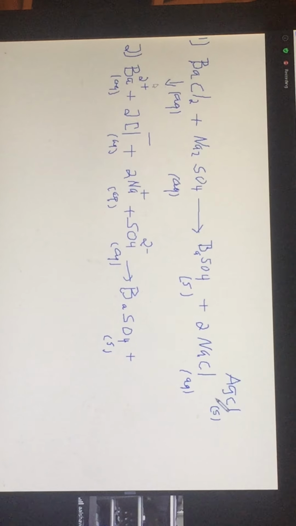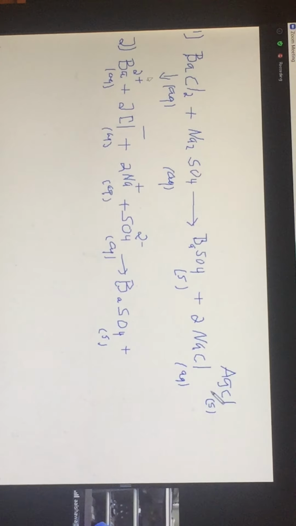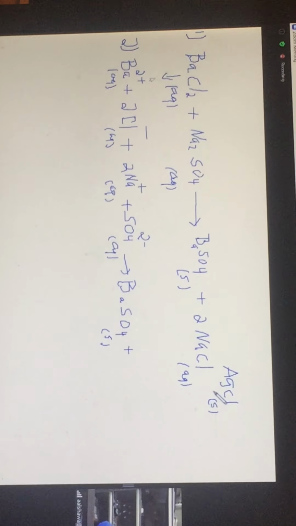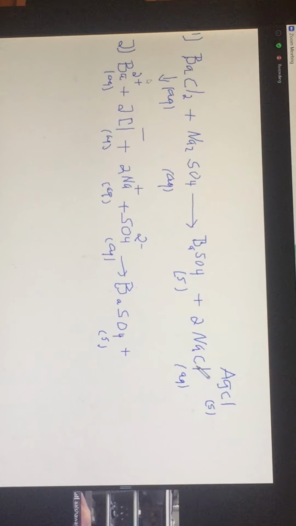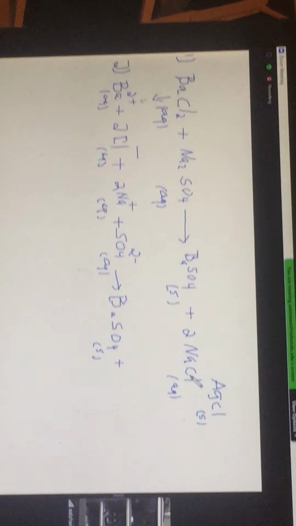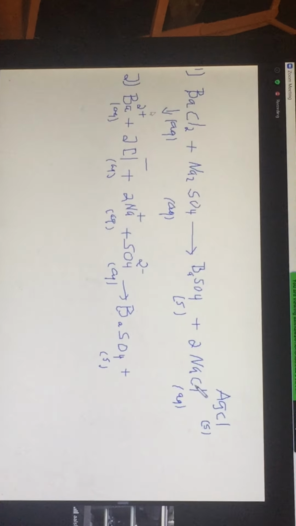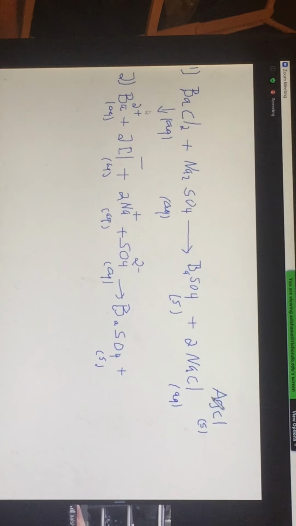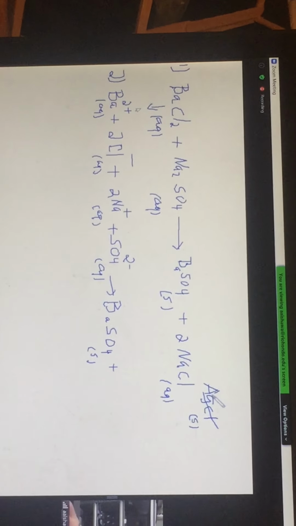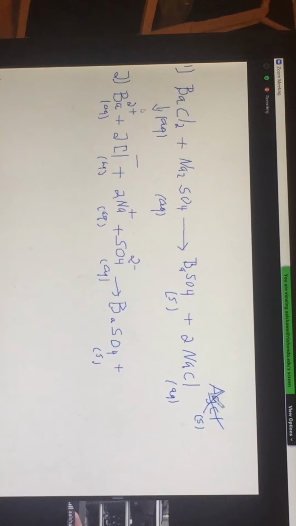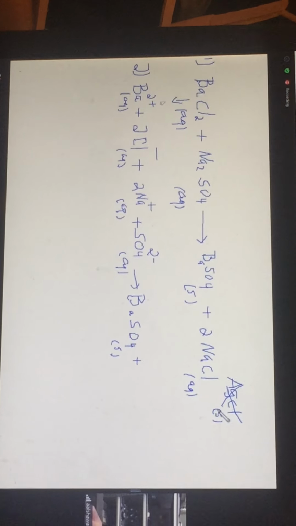Just go back. The reference point is to look up that solubility table to tell whether or not these two positive and negative ions, while dissolved in the water, are breakable as ions. So don't guess it. This would not dissolve in the water and remains together as particles, a solid.